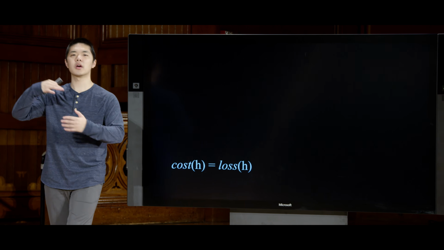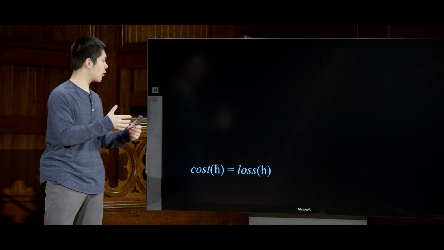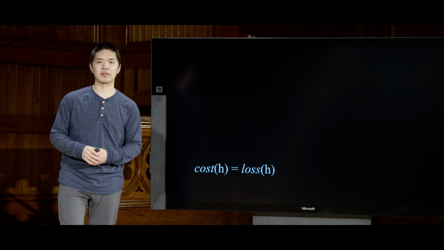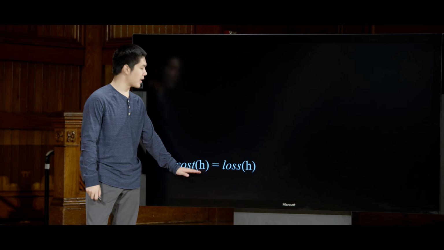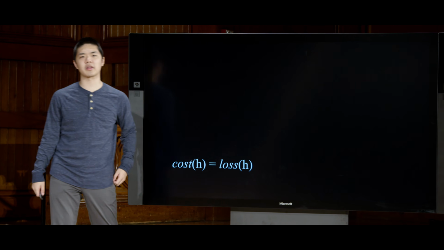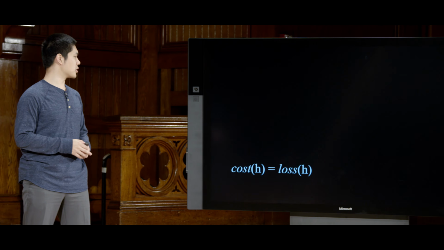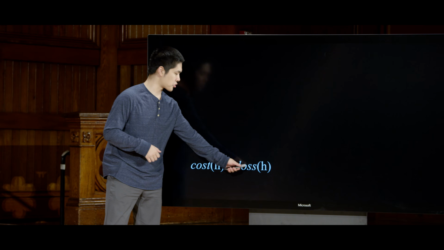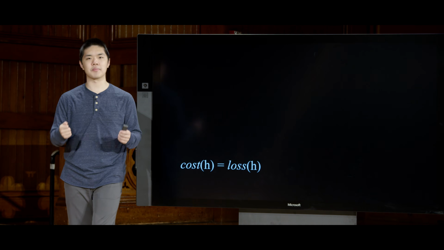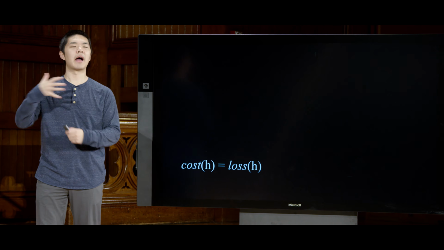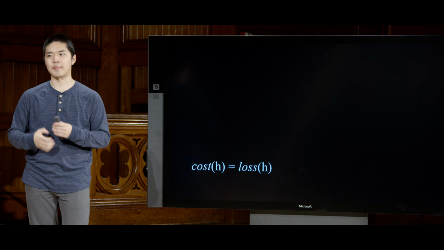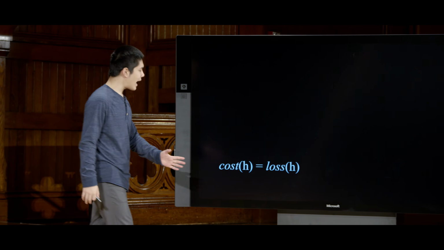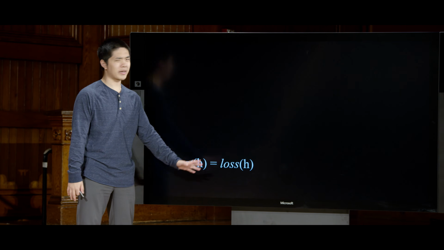Like how far away are the actual data points, the outputs, away from what I predicted them to be based on that particular hypothesis. And if all you're trying to do is minimize cost, meaning minimizing the loss in this case, then the result is going to be that you might overfit. That to minimize cost, you're going to try and find a way to perfectly match all of the input data. And that might happen as a result of overfitting on that particular input data. So in order to address this, you could add something to the cost function. What counts as cost?